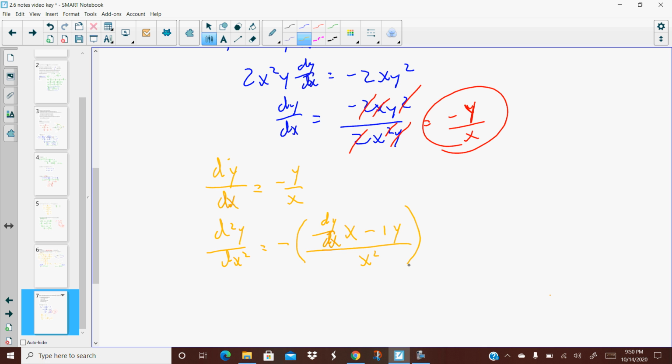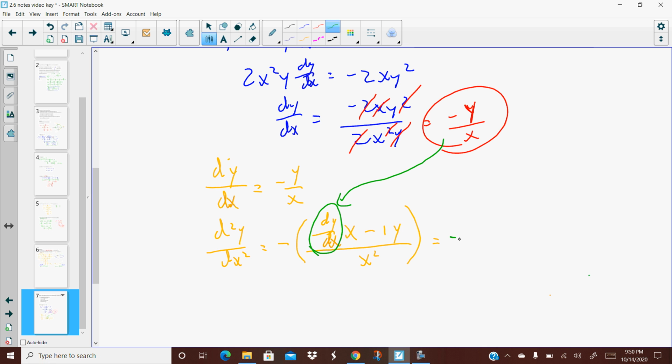Okay? So there's only one issue with this. The biggest issue is this one still has a dy dx in it. We can't leave dy dx there. But what we can do is, since we already know what dy dx is, because we found that, we can replace dy dx with the actual derivative, which was negative y over x.